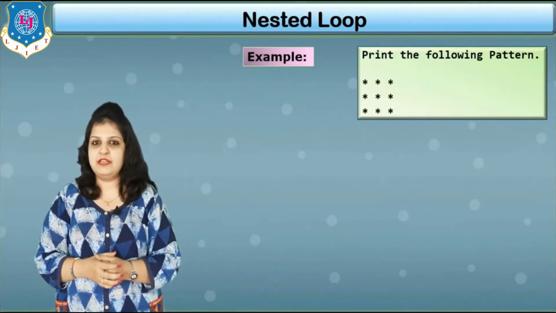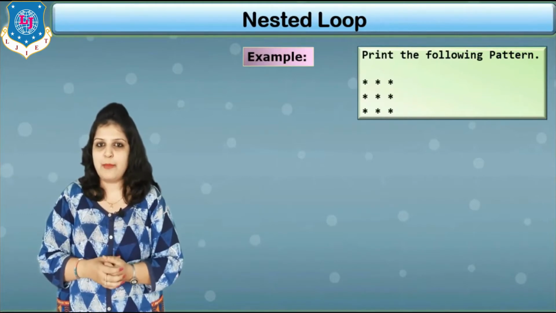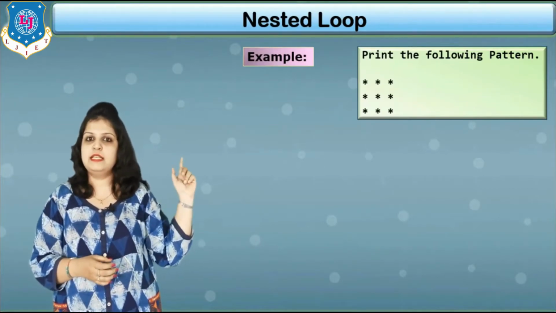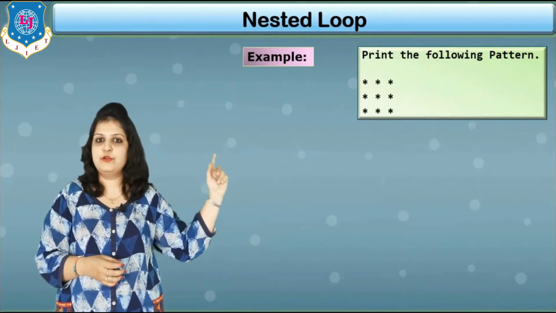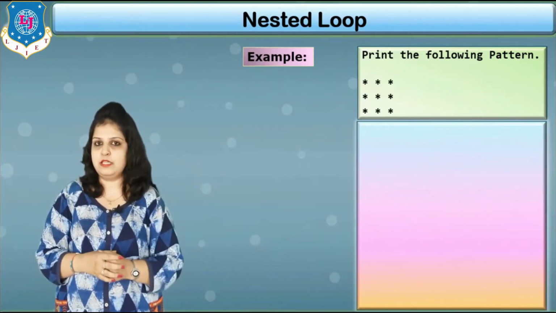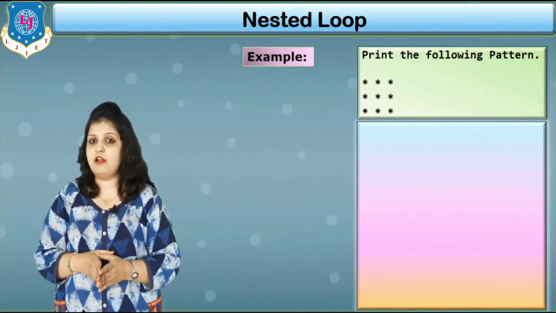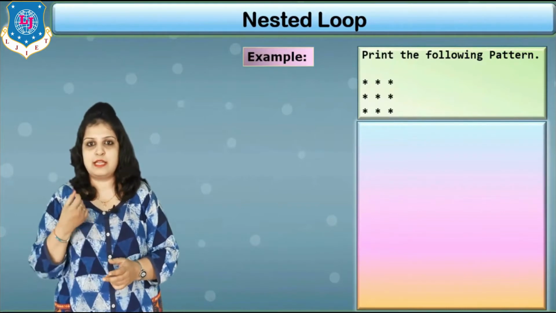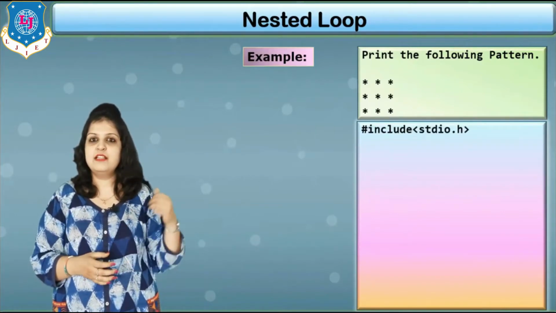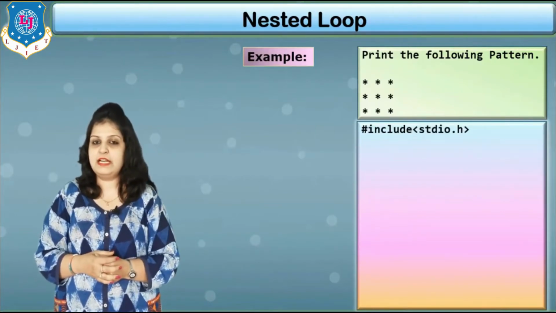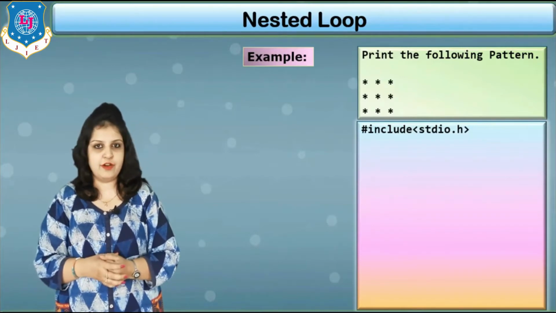Here the problem is to print the following pattern, and you can see the pattern has 3 rows and 3 columns, and in these 3 rows and columns we have to print the star sign. First include the header file, then write the main function.